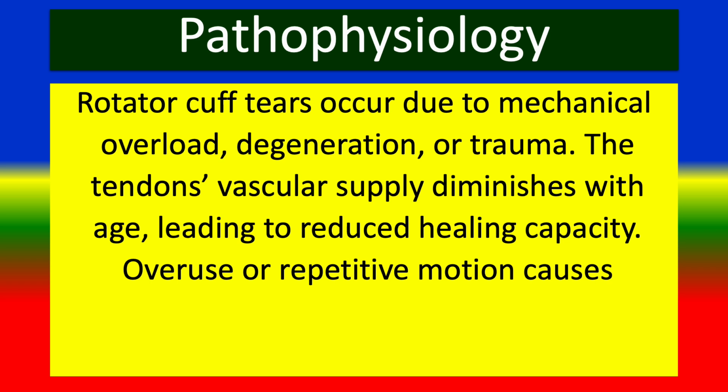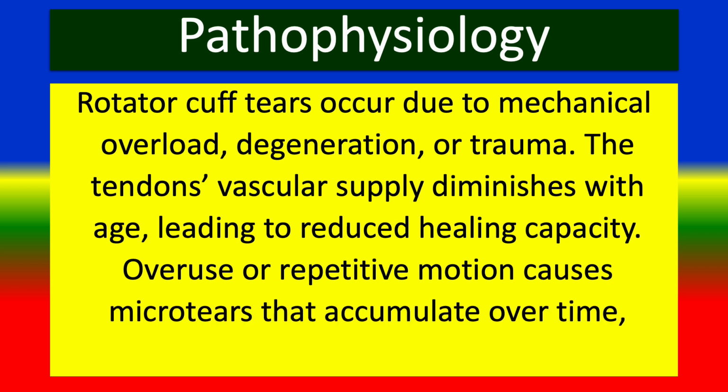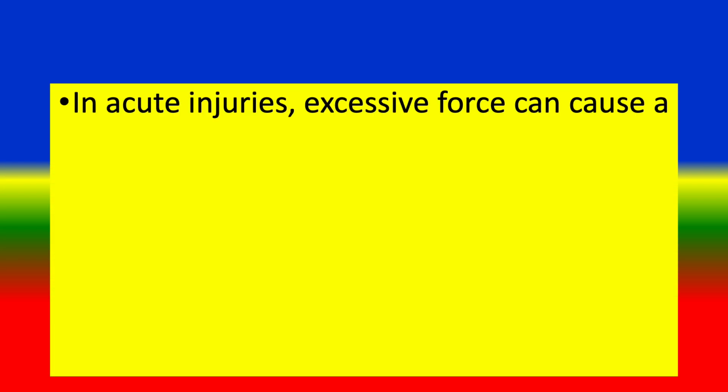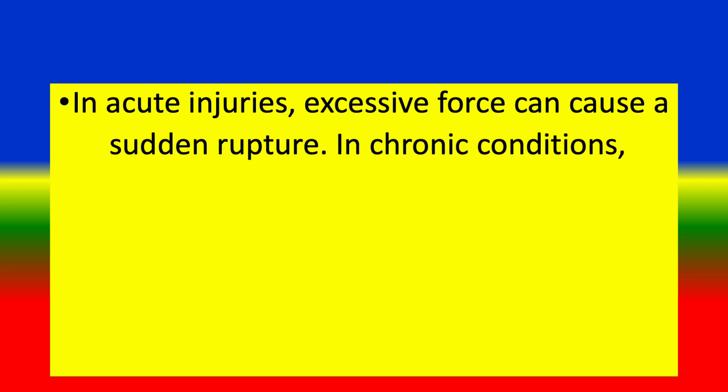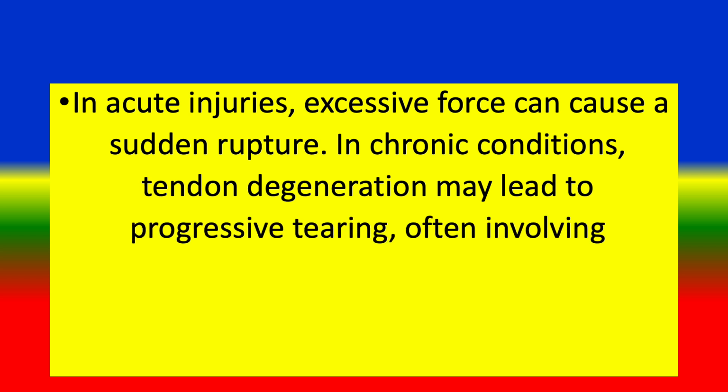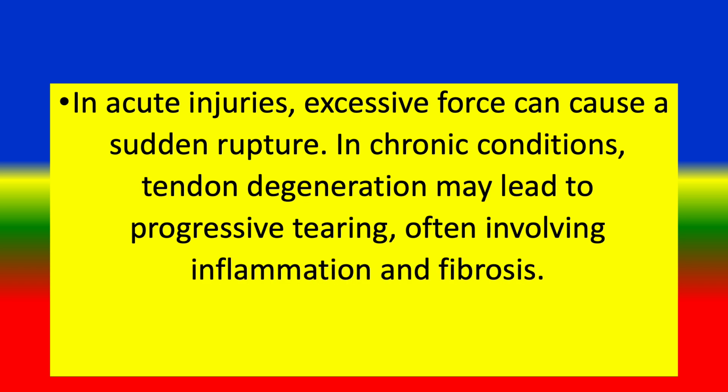Overuse or repetitive motion causes micro tears that accumulate over time, weakening the tendon structure. In acute injuries, excessive force can cause a sudden rupture. In chronic conditions, tendon degeneration may lead to progressive tears, often involving inflammation and fibrosis.